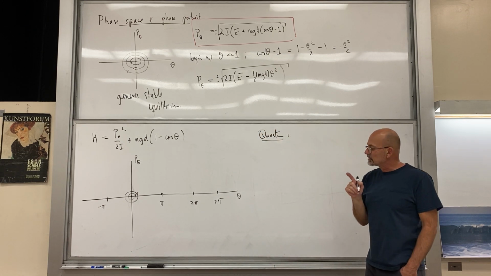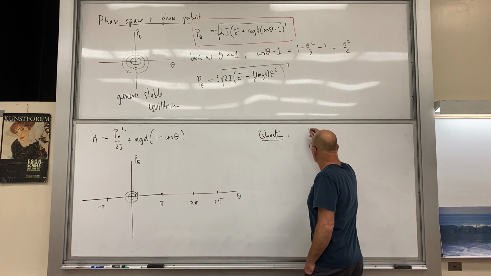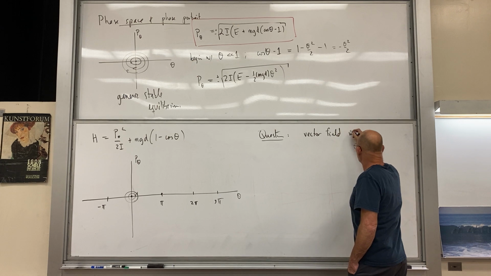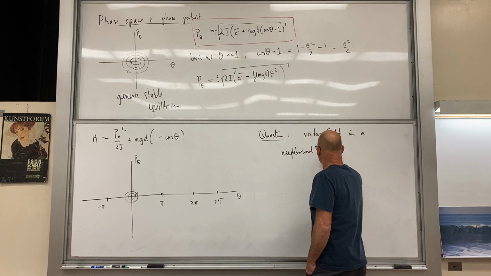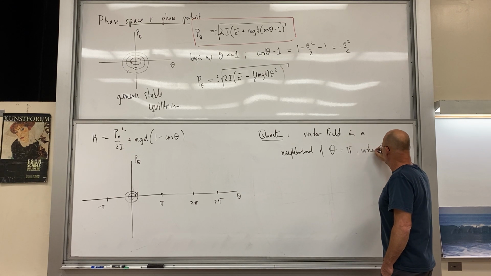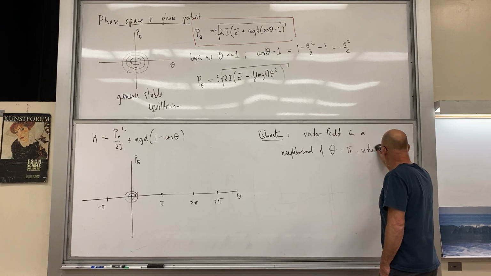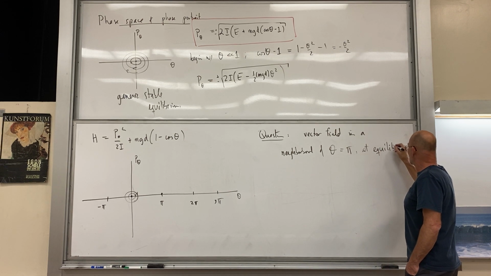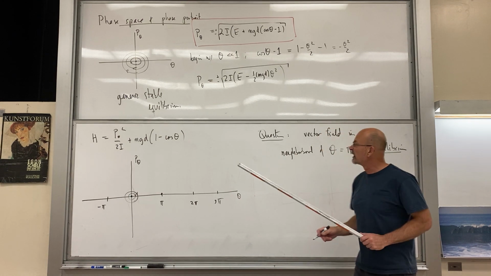What does the vector field look like in a neighborhood of theta equals pi, at equilibrium? That's very important. At equilibrium. So what is the equilibrium for theta equals pi?